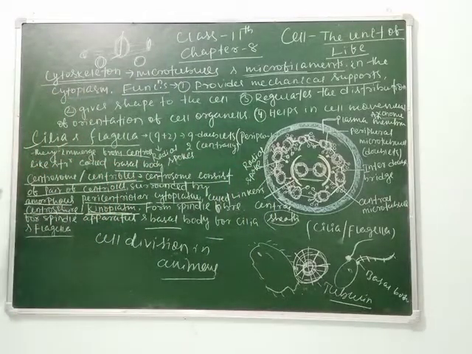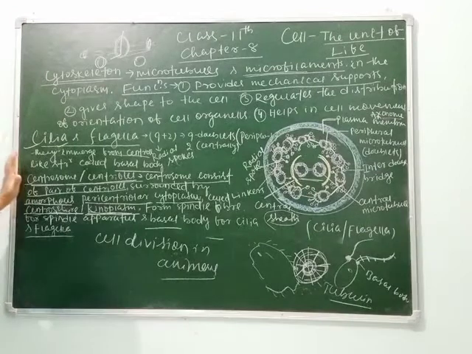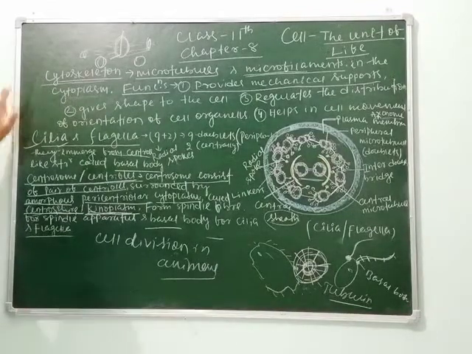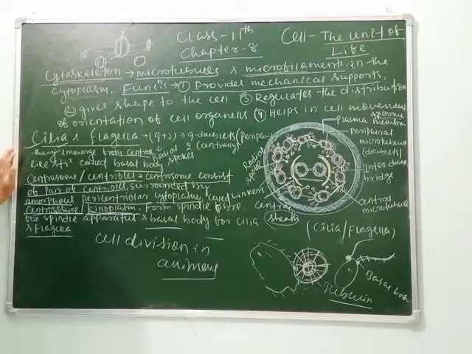So in this way, the centrosome or centriole acts in the animal cell. Clear, students? So this is all about your cytoskeleton, cilia and flagella, centrosome and centriole. We will study about the nucleus next.